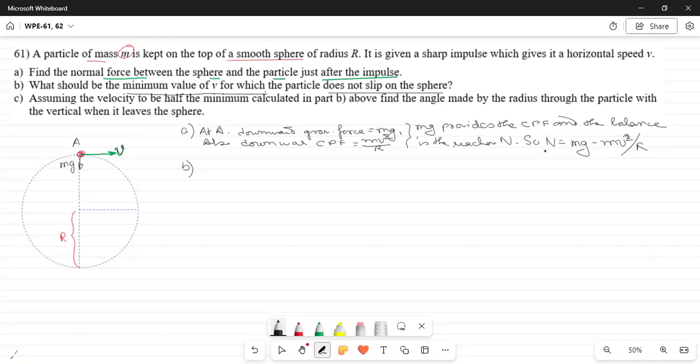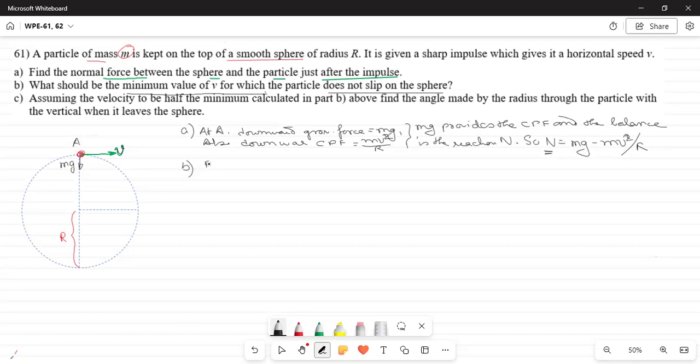Because this normal reaction force, which is the balance, will try to lift the particle from the surface of the sphere.